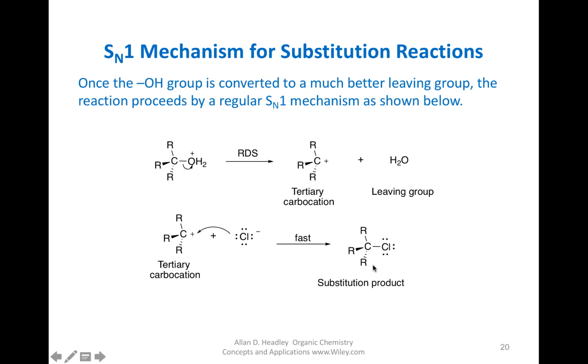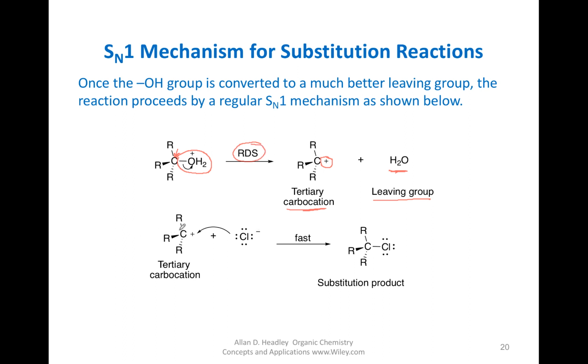So on the next slide, we have it showing as a leaving group. So here it is, leaving with its electrons to give water. Very good leaving group. Leaving behind a carbocation, positive charge here from this electrophilic carbon in the rate determining step.